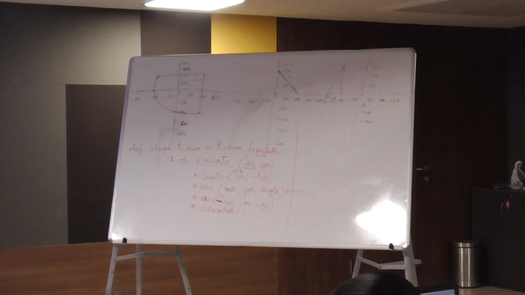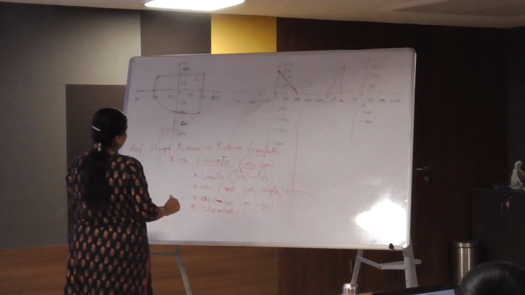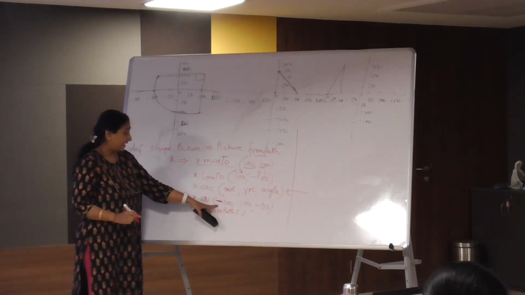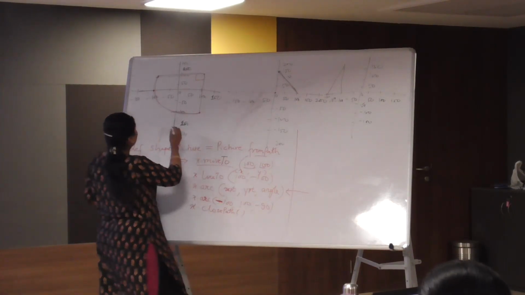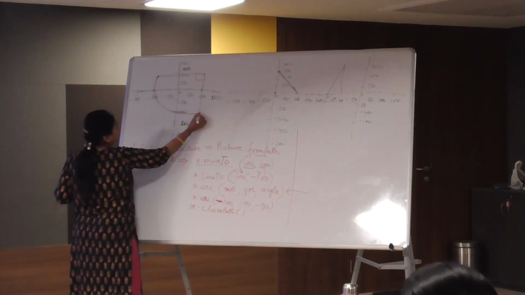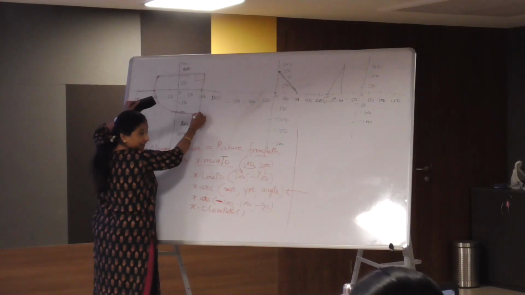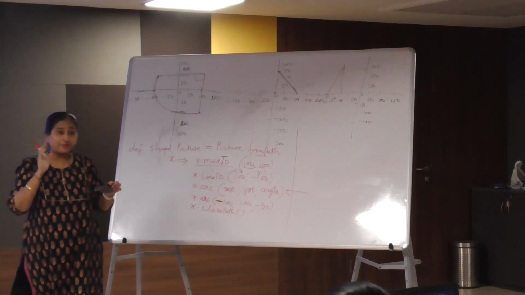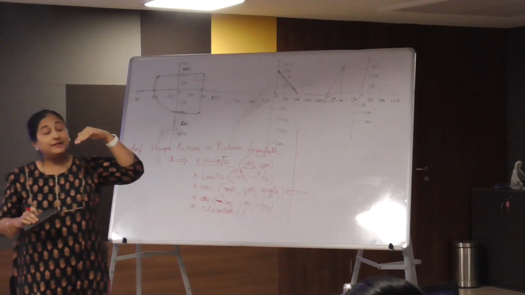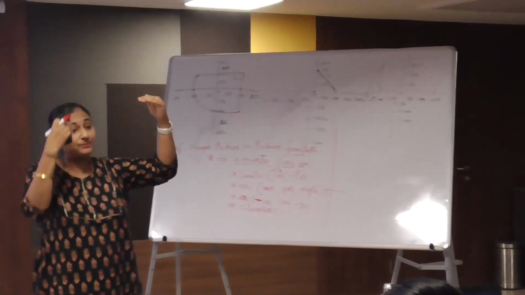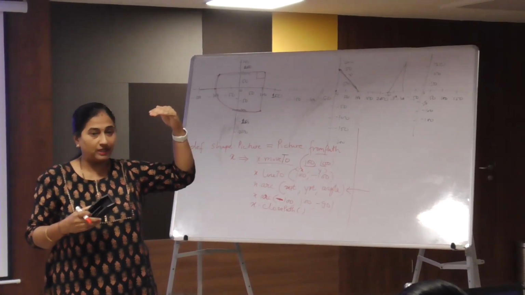See, it was correct. X r is minus 100, 100. So we come to this point. The previous command's last point was here. Now, when we come to a new path, always remember, it takes the last point as the beginning of the next one.